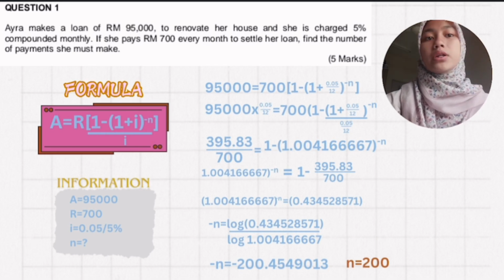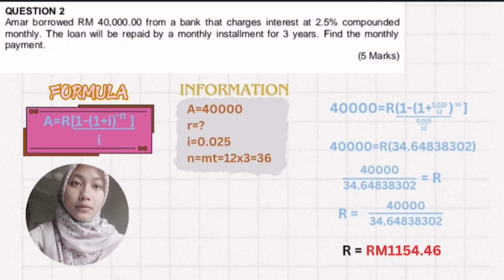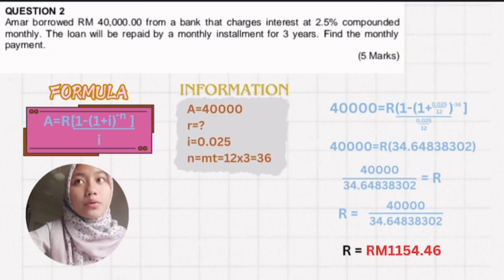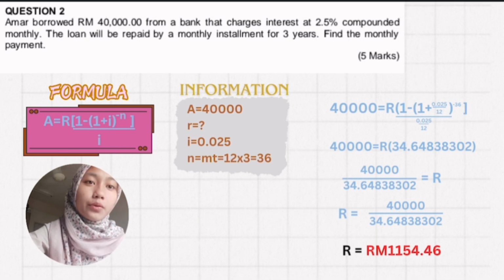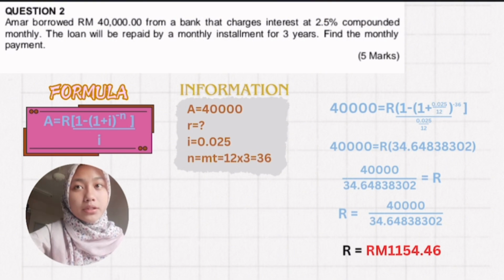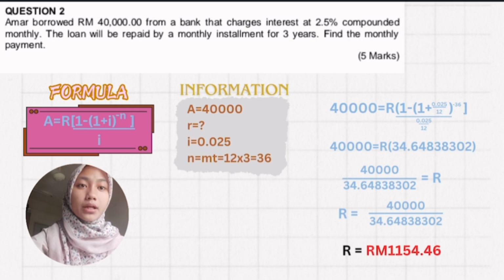That's the end for this part. Alright, for question number 2, Amar borrowed RM40,000 from a bank that charged interest at 2.5% compounded monthly. The loan will be repaid by monthly installments for 3 years. Find the monthly payment. We will use the same formula as question 1.